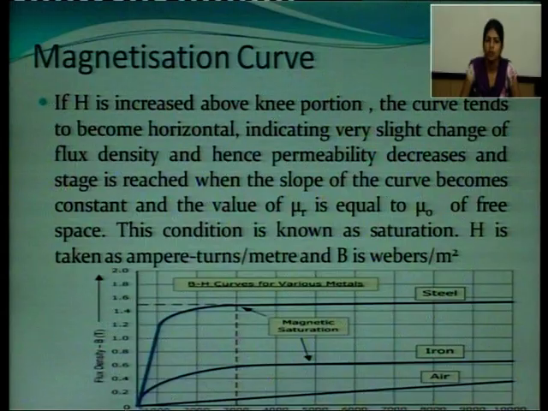So see, initially as we increase H, the value of B increases.